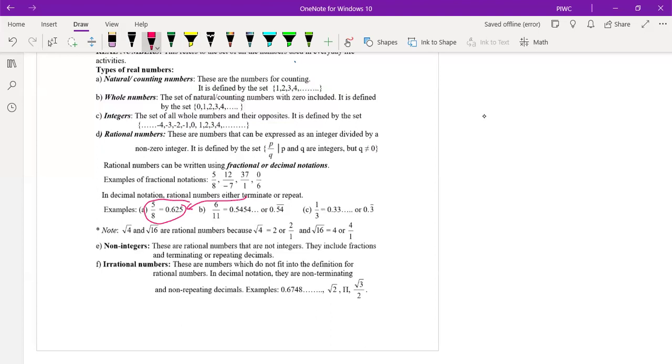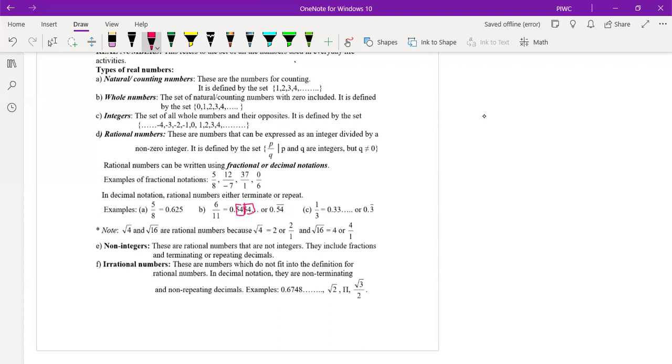Okay. What about 6/11? If you take 6/11 and change it to decimal, you get 0.5454, and it keeps going. The dots at the end mean it keeps going. We can shorten this to this form. You just write 0.54, right? Because 54 repeats, you just write it once and then put a line over the group that repeats.